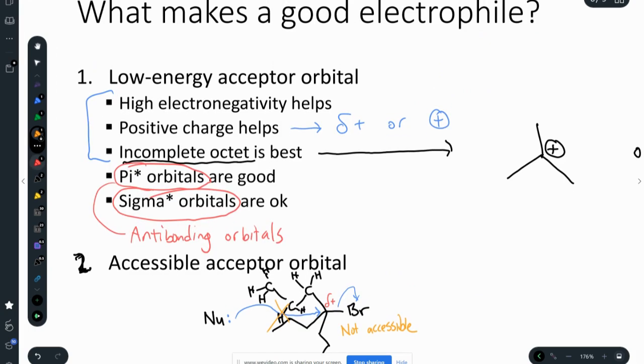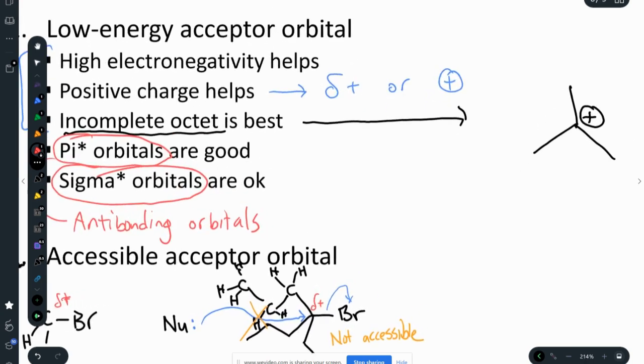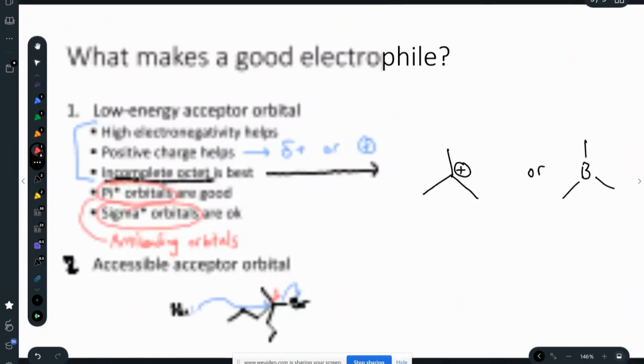On the other hand, if I had this molecule, oops.